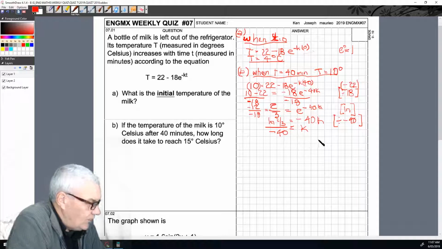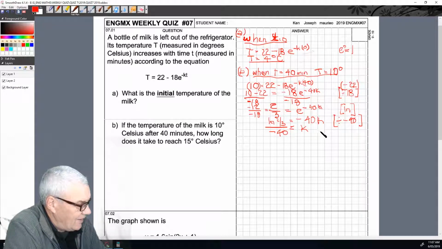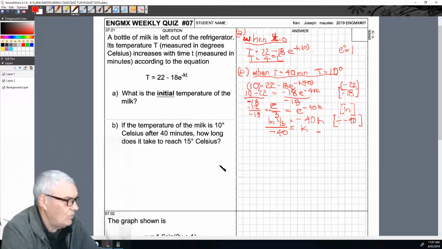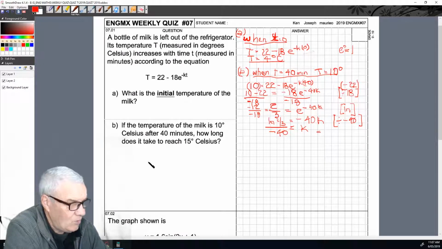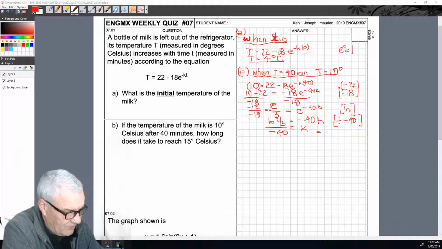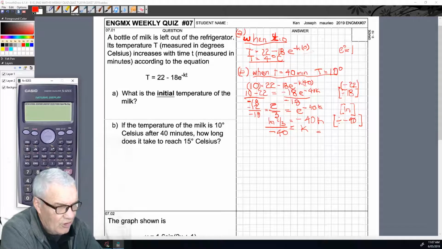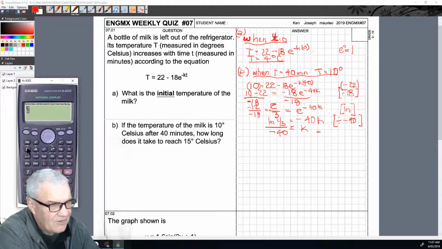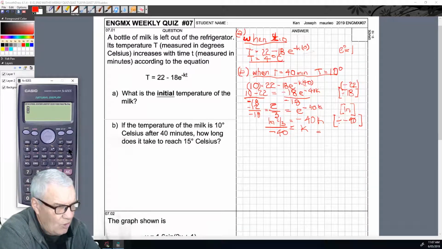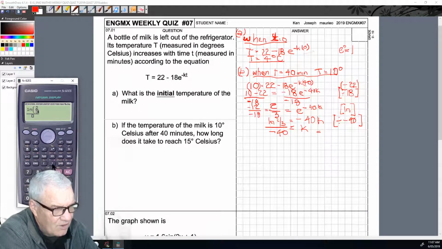Okay, negative 40 equals k, and k equals, get my calculator out. And so what we can do is we can go like that, and then we can go log, and then we can push that again, 2, drop down, 3, and close the bracket.